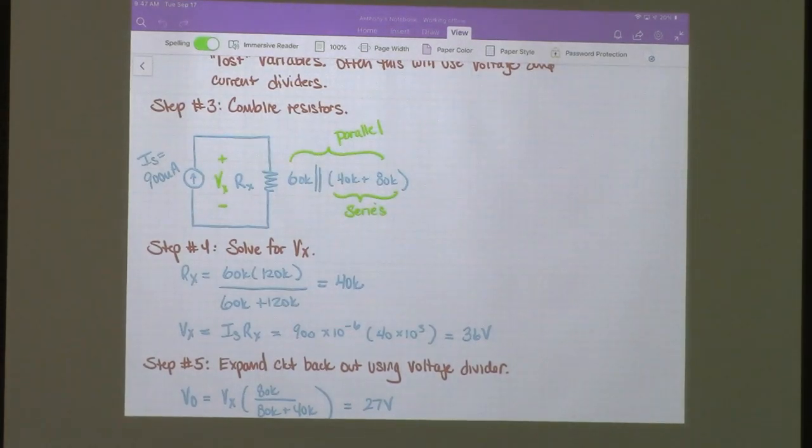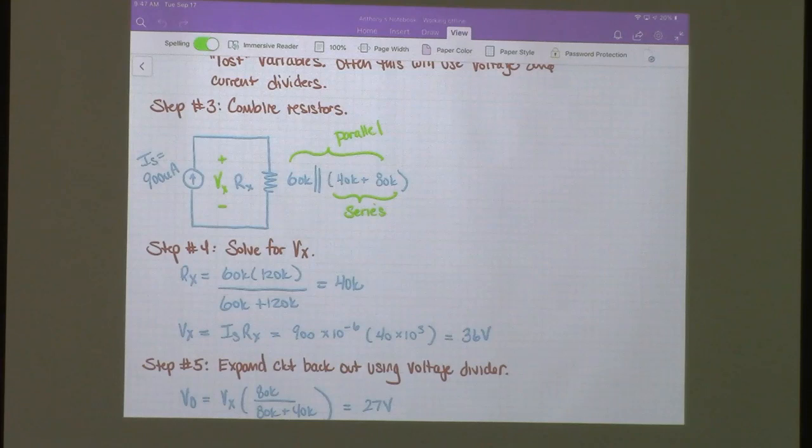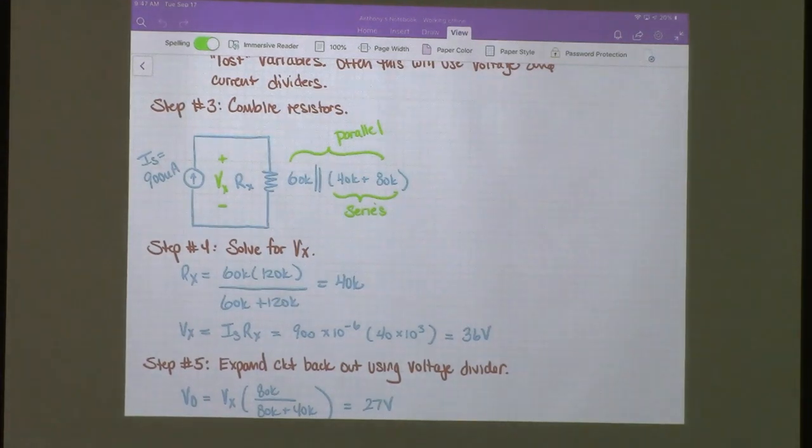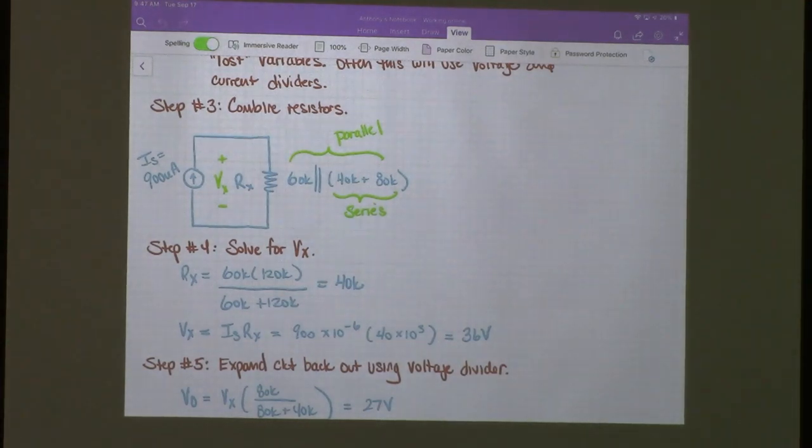So Vx is simply going to be determined by Ohm's Law. We know what the current Ix is. We know what the resistor Rx is. And so Vx will be equal to I times R. Again, just quickly checking that this does satisfy the passive sign convention. Still, don't forget stuff like that.